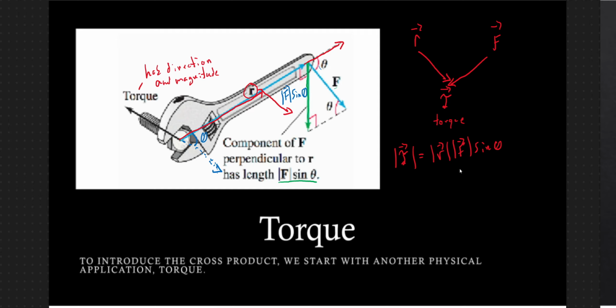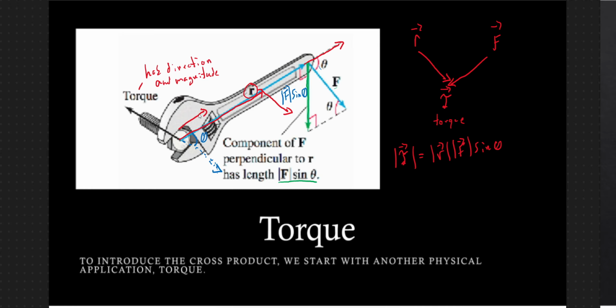Now, the direction of that vector we get by doing what's called the right-hand rule. So take, for instance, this system that we have here with all of the vectors as they are. So what you do is point your fingers in the direction of the lever arm.